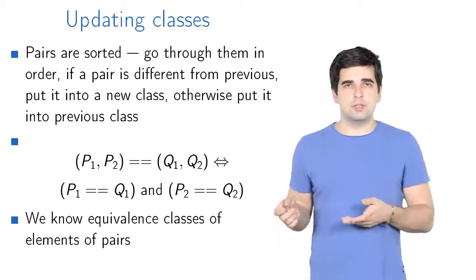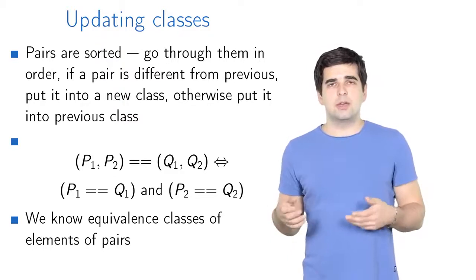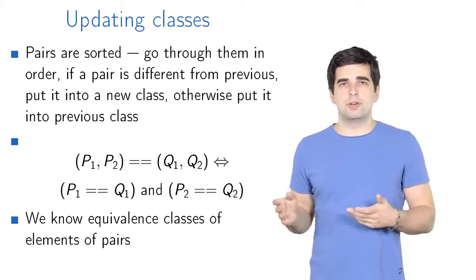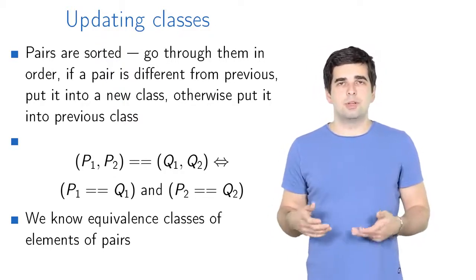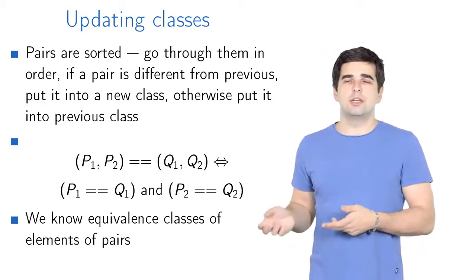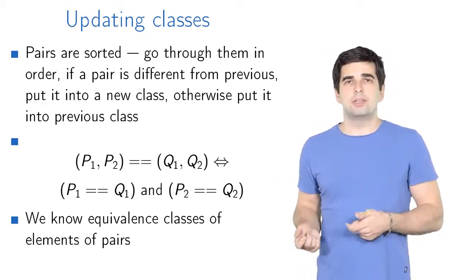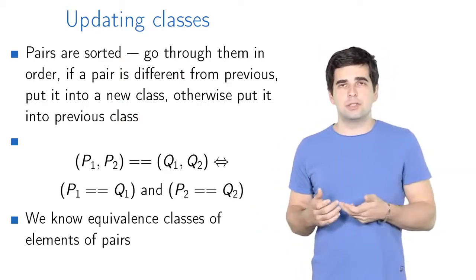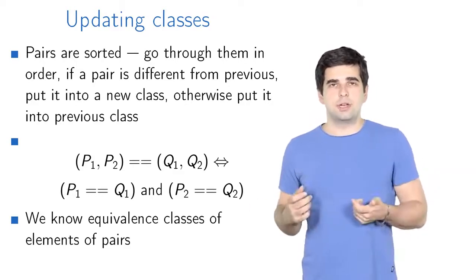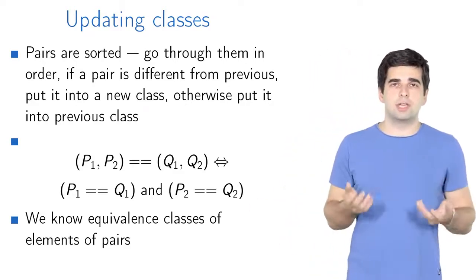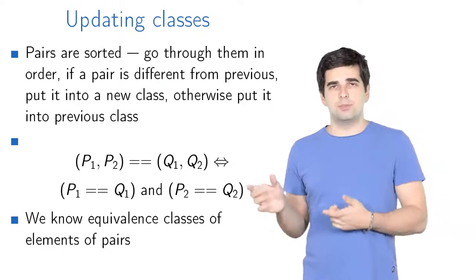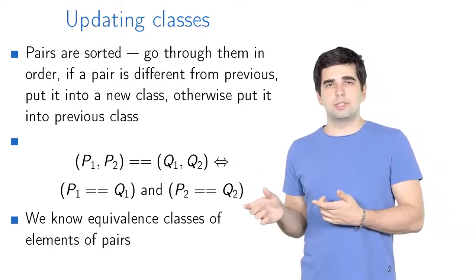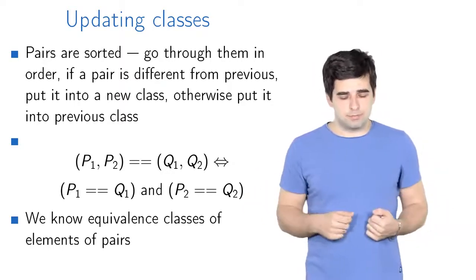Of course, the elements of the pairs are cyclic shifts, and we don't want to compare them directly character by character. But for that, we already know their equivalence classes of the single cyclic shifts. And we can just compare the equivalence classes instead of the cyclic shifts themselves. So we can compare any 2 pairs of single cyclic shifts in constant time.